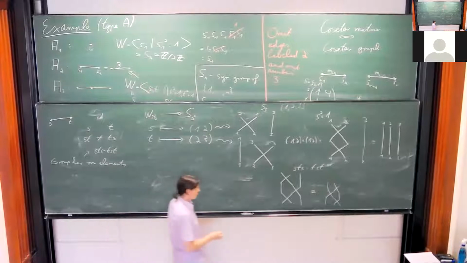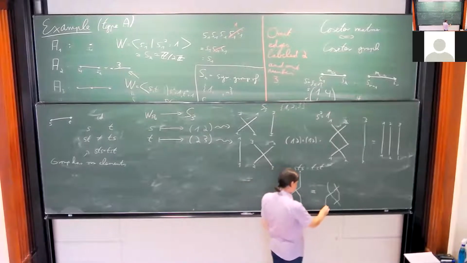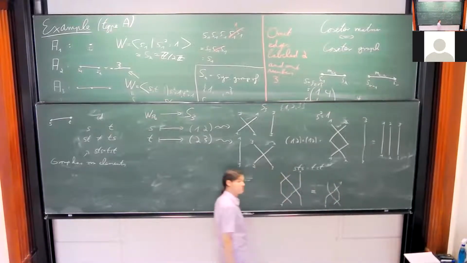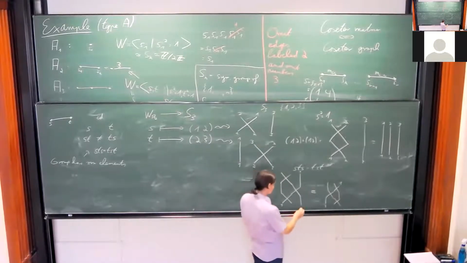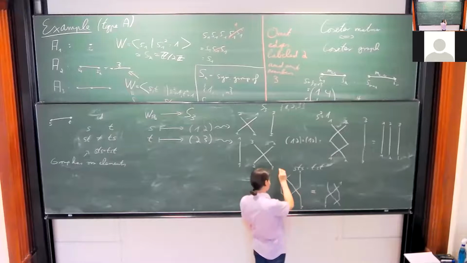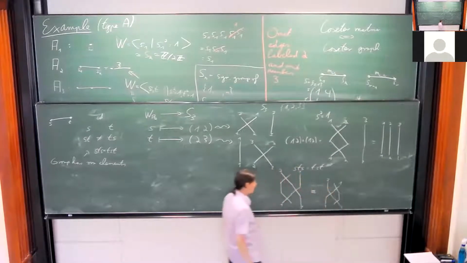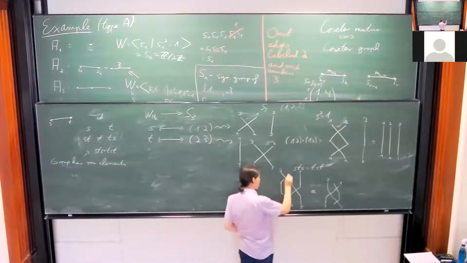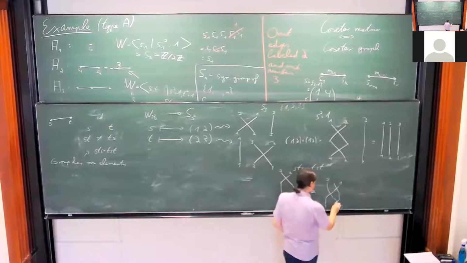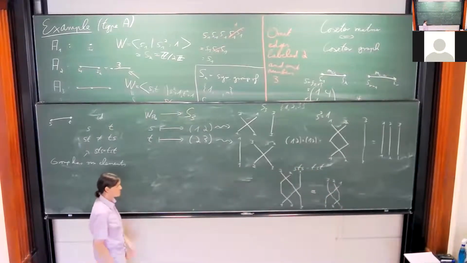Let's check. This one takes 1 and sends it to here. This one takes 1 and sends it to the same end. So this is a good start for my proposition to be true. It takes 3 and sends it to here, and this one takes 3 and sends it to here. And there's nothing left for 2. It takes 2 and sends it here, and here. So as permutations, they are certainly the same.